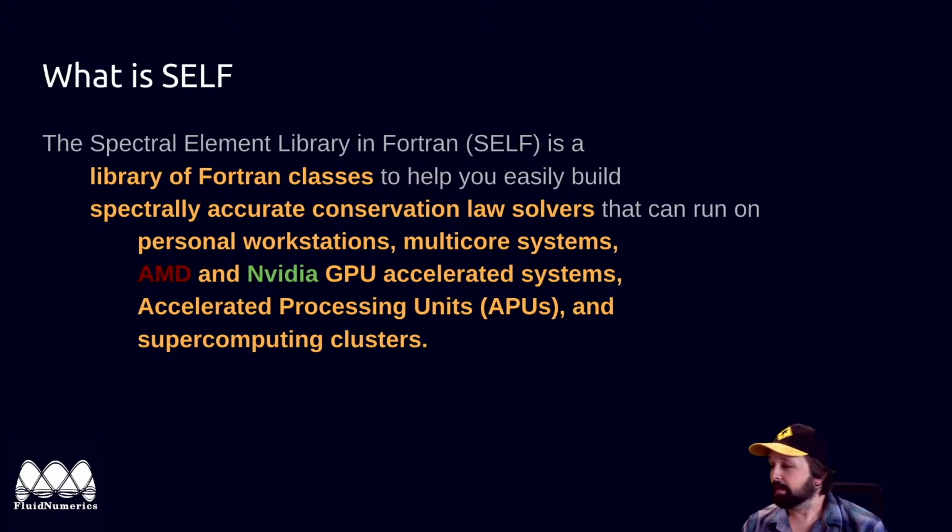We want you to be able to do this on your laptop, on your desktop, on multi-core systems, on AMD and Nvidia GPU accelerated systems, on accelerated processing units like the MI300A or the GH200, as well as supercomputing clusters. That's a broad reach, but this is a typical thing that folks in the Department of Energy and at universities want to be able to do with their applications for research, with the idea that researchers are just going to have a mixed bag of computing facilities available to them. So we want to make sure we can hit all of those as well.